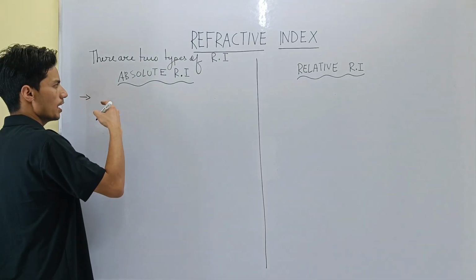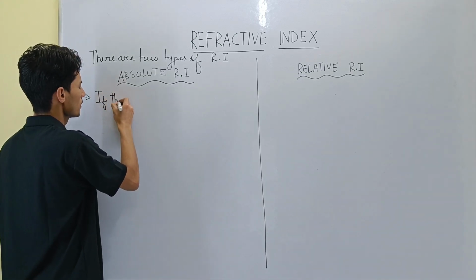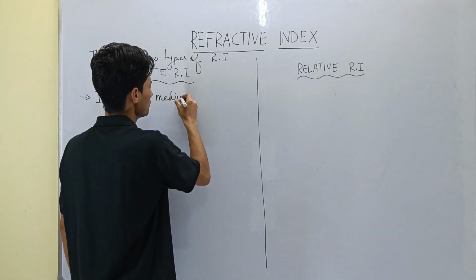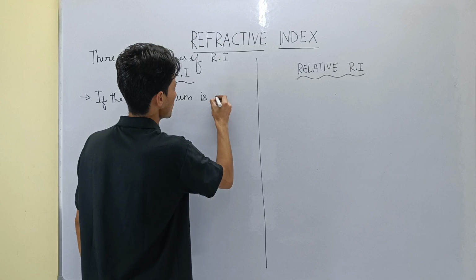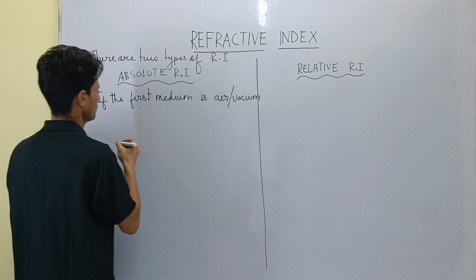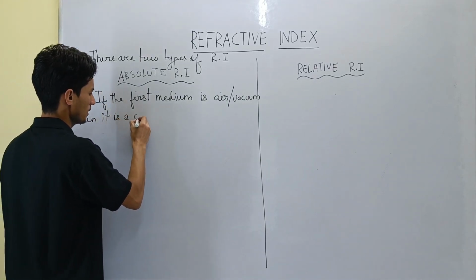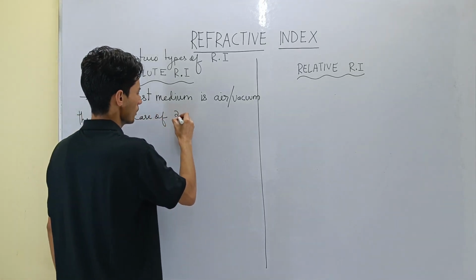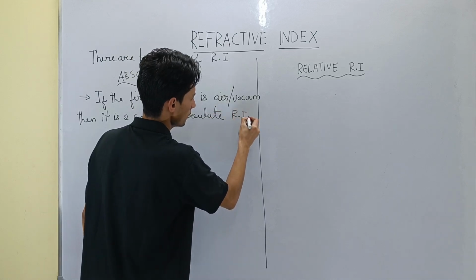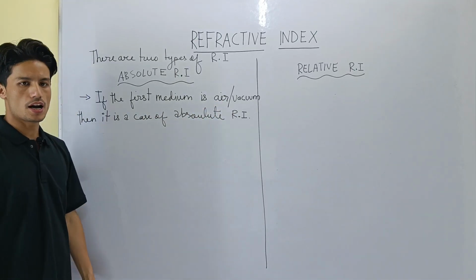Absolute refractive index is that refractive index if the first medium is air or vacuum, then it is a case of absolute refractive index. Very important.